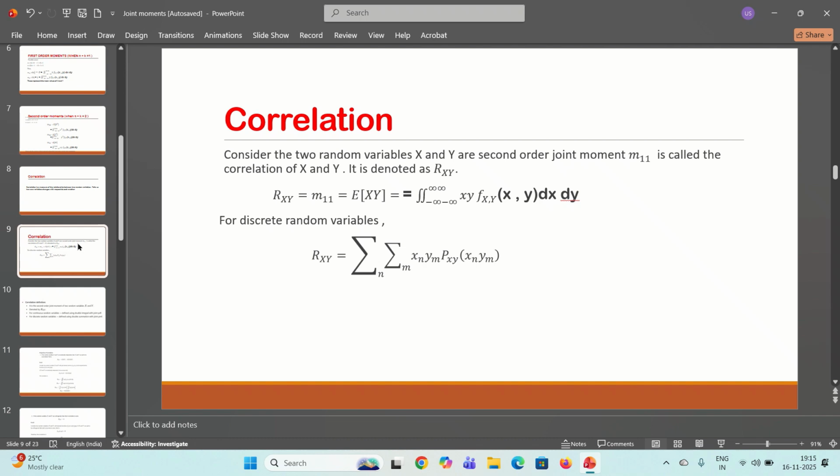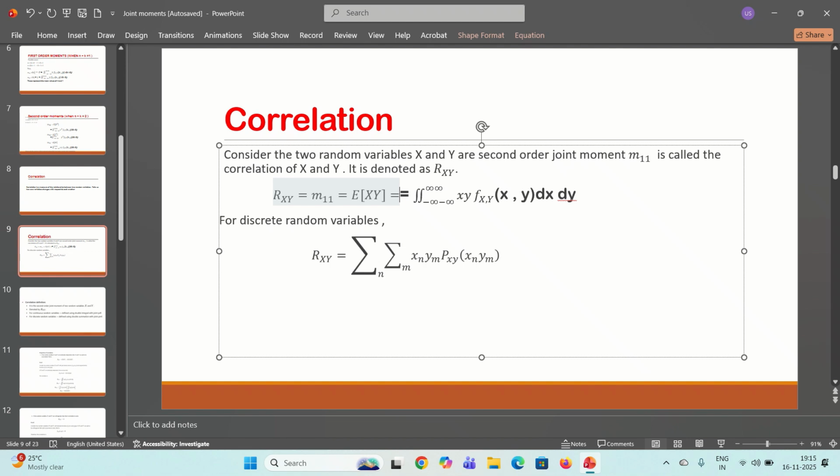It is denoted as Rxy. Rxy equals M11, which equals expectation of xy, which also equals the double integral from minus infinity to infinity of xy along with its joint density function.